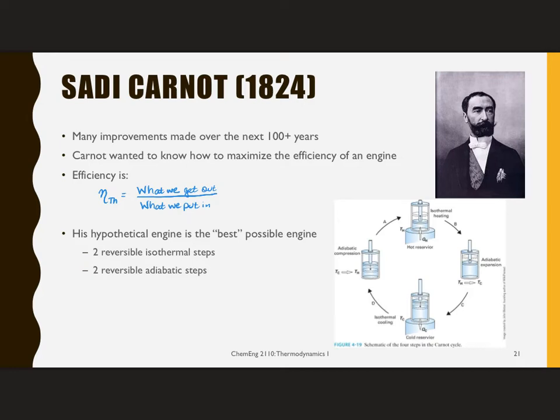A simple definition of what efficiency is: what we get out of a process or a cycle or a piece of equipment divided by what we have to put into it. In this case, what we're going to get out is the net work or power. And what we put into it is going to be the heat transfer into this system, right?